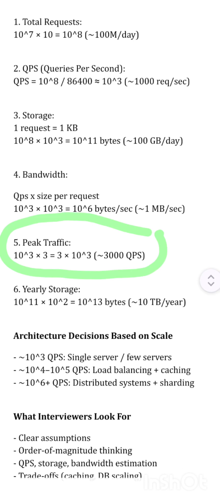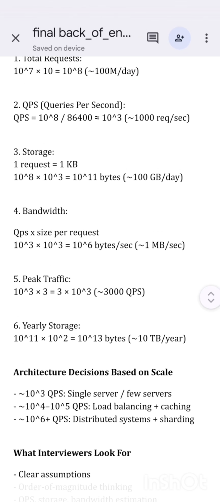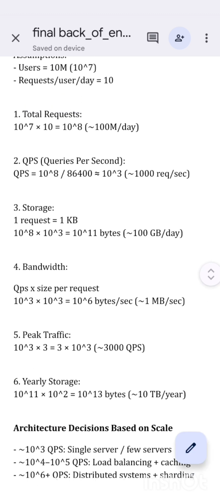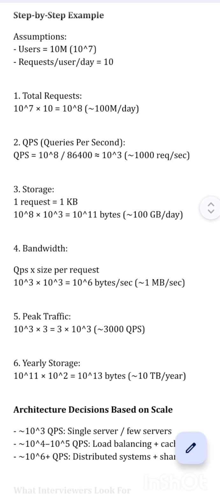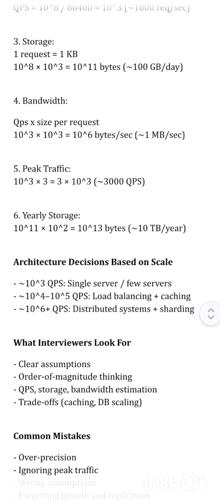During peak traffic, let's assume 3x, so it would be approximately 3000 queries per second. And yearly we would require total storage of 10^11 multiplied by 10^2, which is approximately 10^13 bytes, which is 10 terabytes a year.